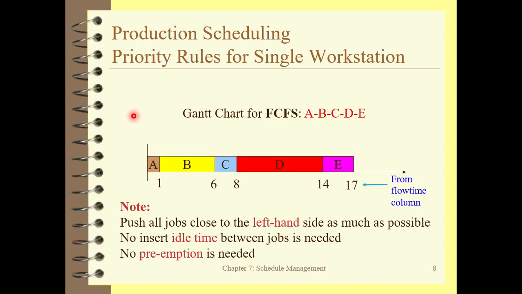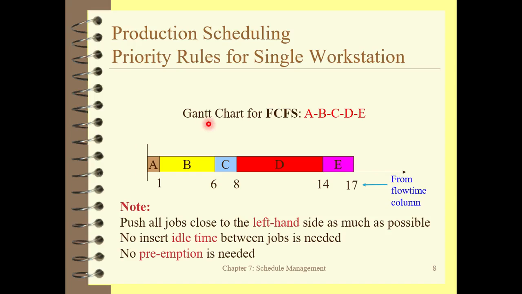In order to represent the sequence or the completion time of the activities when you do the scheduling, you need to draw a Gantt chart.